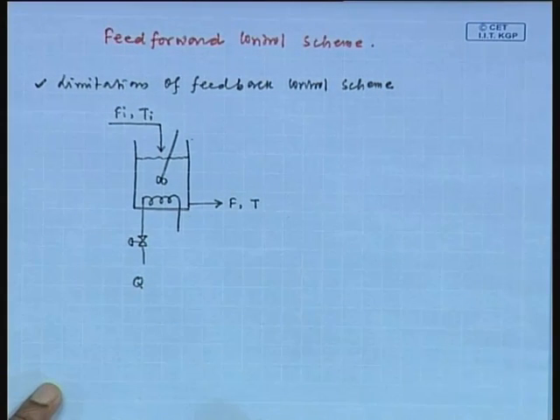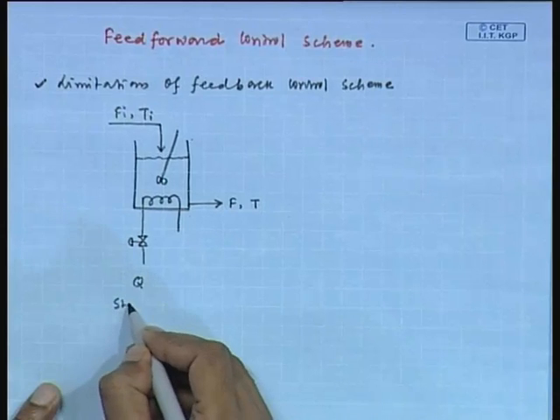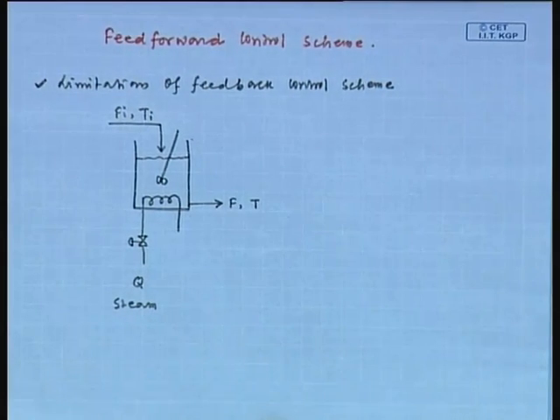Suppose that heating medium is steam, which has the flow rate of Q. Fine. We wish to discuss the limitation taking this example.